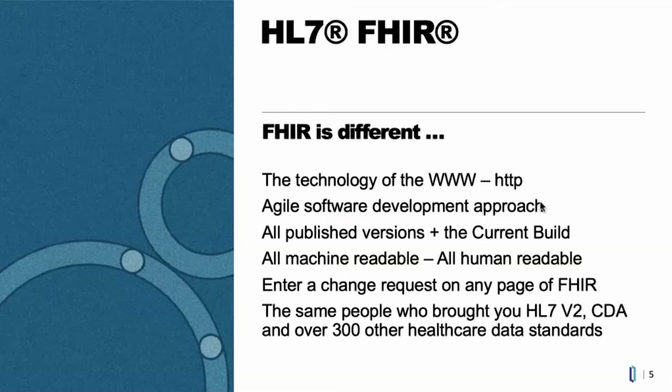In addition to the published versions of FHIR, there is also on that website what's called the current build, which is literally the next candidate version of FHIR, also downloadable and implementable in a machine readable format. But almost every day in HL7, in response to a work group's voting to change something in the FHIR specification, changes get made in that current build.